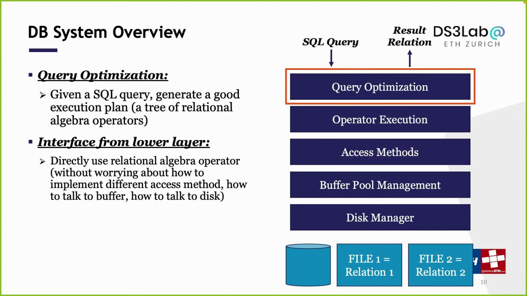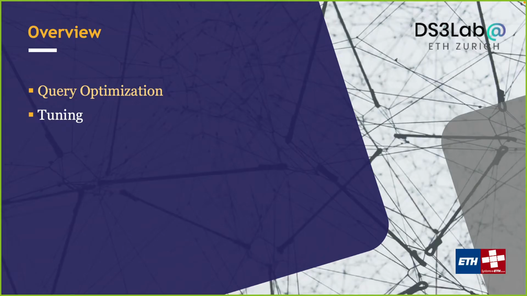As you will see, an execution plan is a tree of relational algebra operators. And for each of those operators, you also have a markup to say, this is how I want to run it, because there are so many different ways you can run the same operator. And then you are going to use the operator execution layer to actually run it. So these are the 2 things that we are going to talk about today. Let's talk about query optimization first.